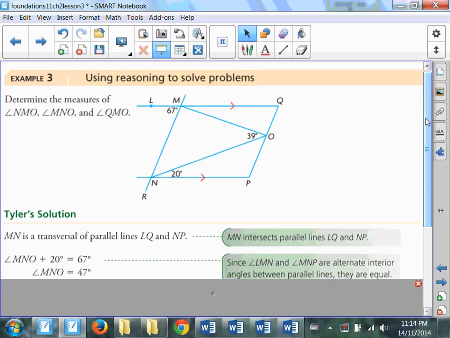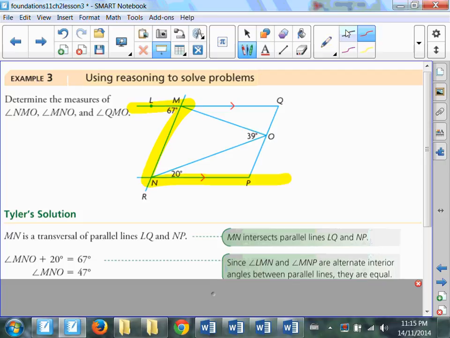So for that reason, we know that this angle here is going to be the same as this angle here. So if we know that this angle here is 67, then that's got to be 47 in order to make that true. So angle MNO is 47 degrees. Done.